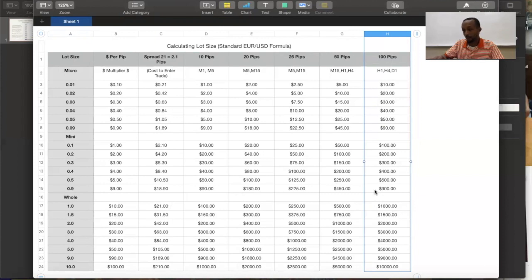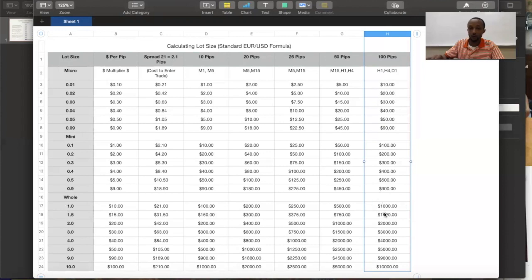And don't let these numbers over here get you too excited. Keep in mind, to use these larger lot sizes and chase these bigger profits, you want to respect your balance and use proper risk management. So in order to trade a whole lot, which is $10 per pip, yes, with a 100 pip target profit, you're looking at $1,000.